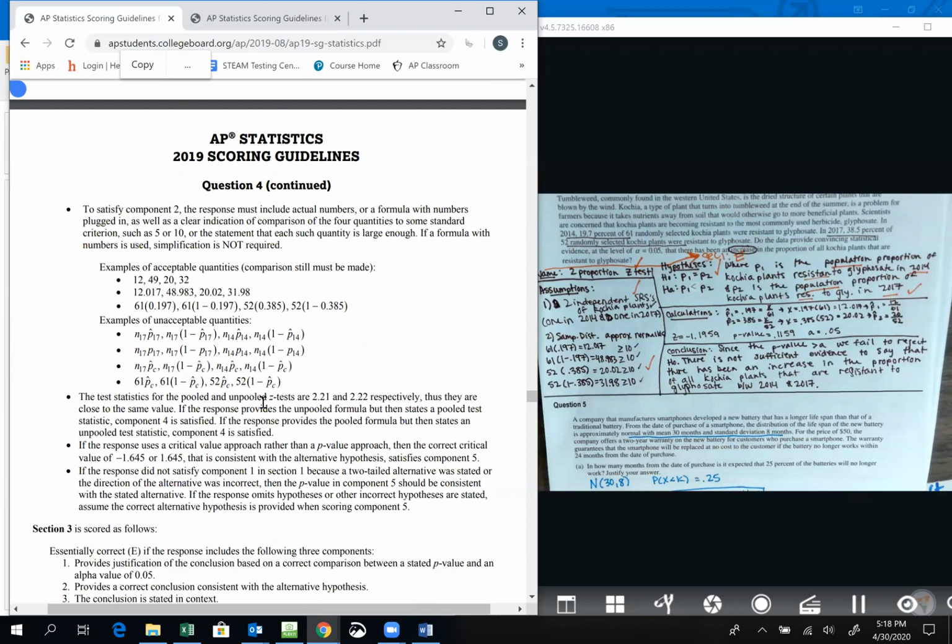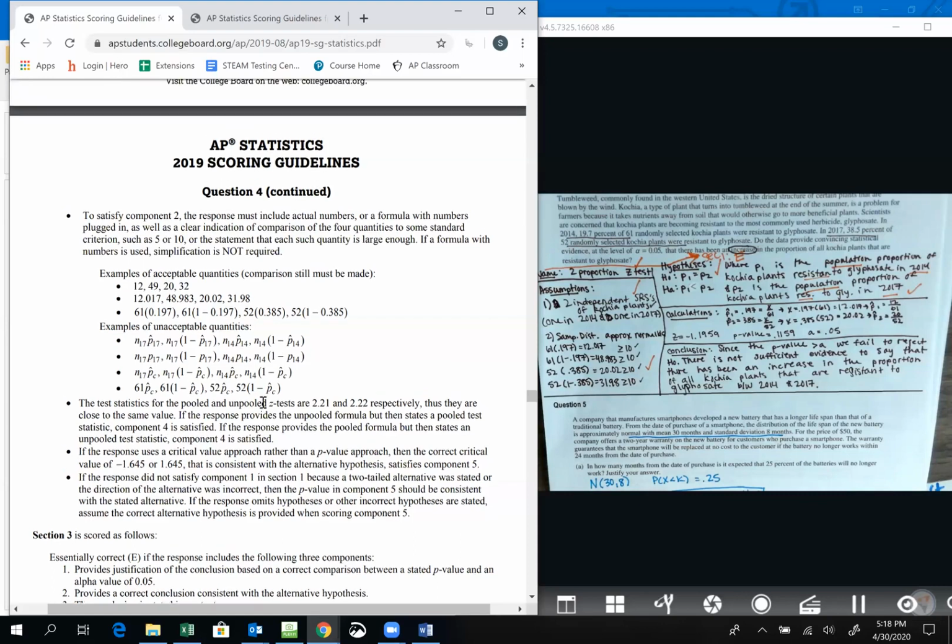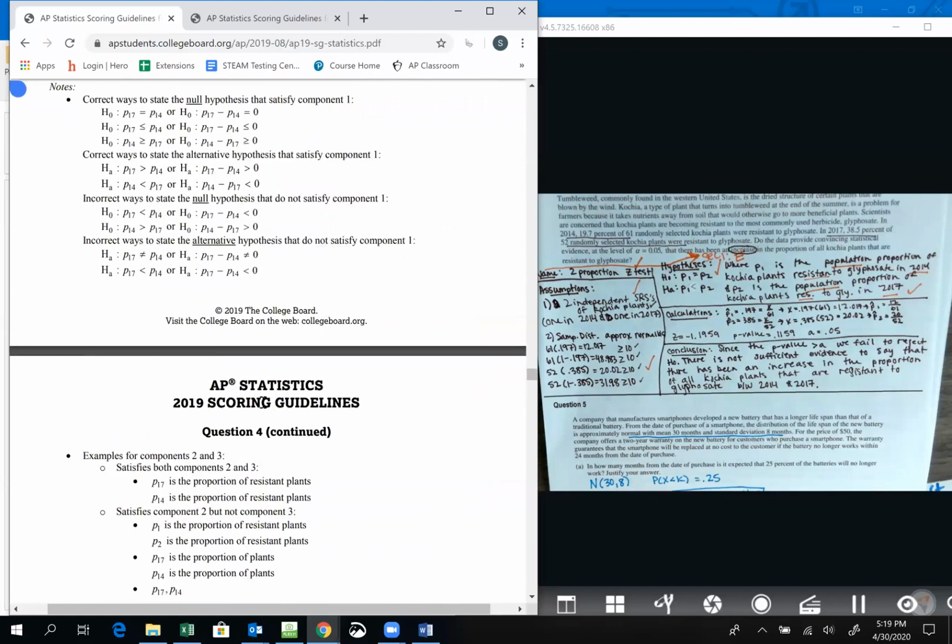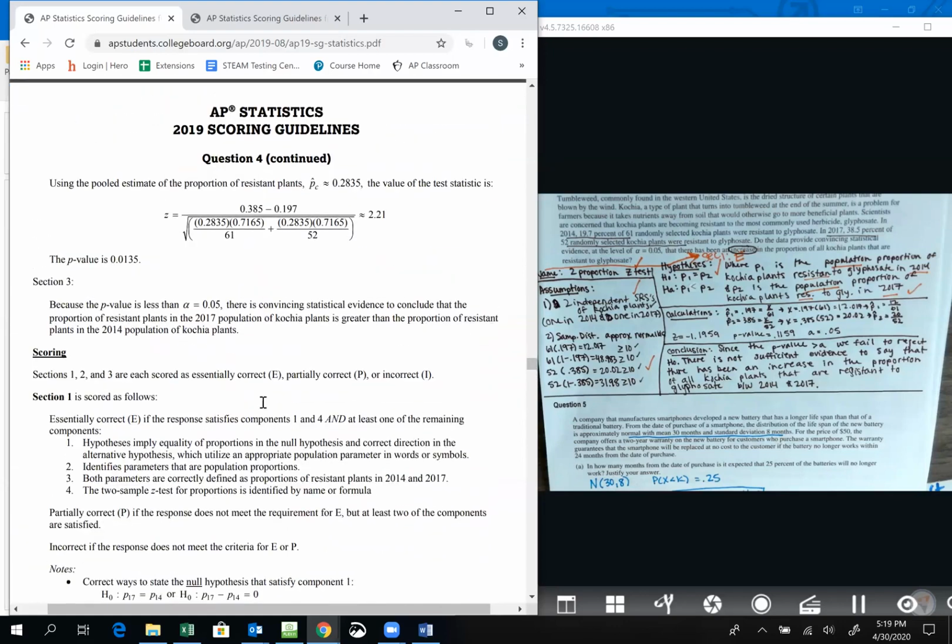Okay, looks like I got the wrong number. Okay, I must have mistyped something because I have the wrong z-score and the wrong p-value.